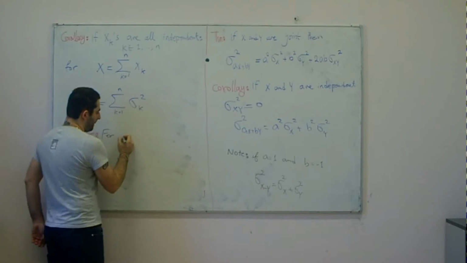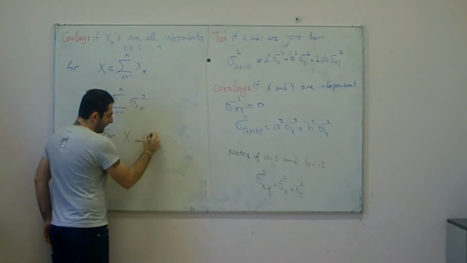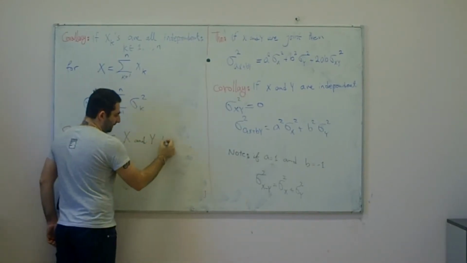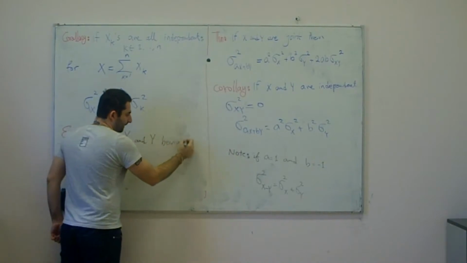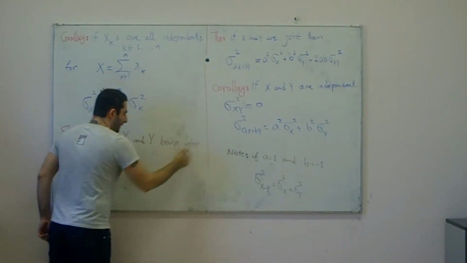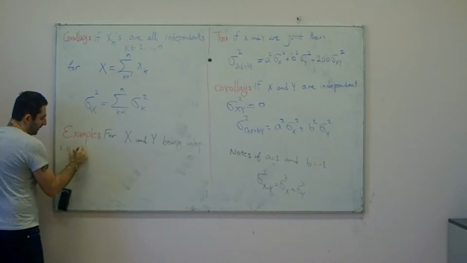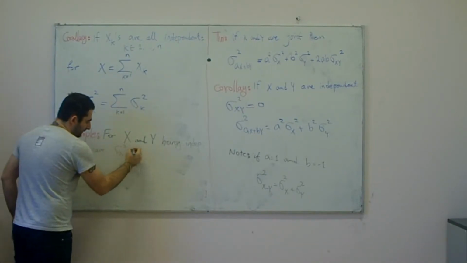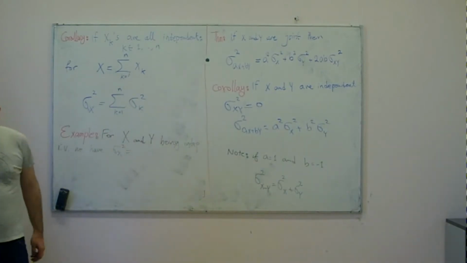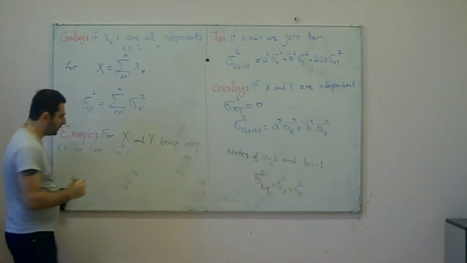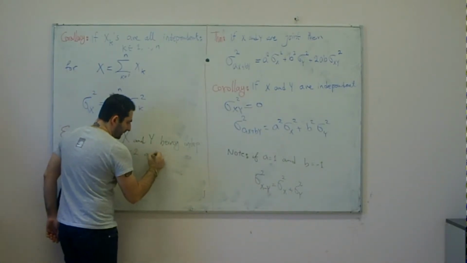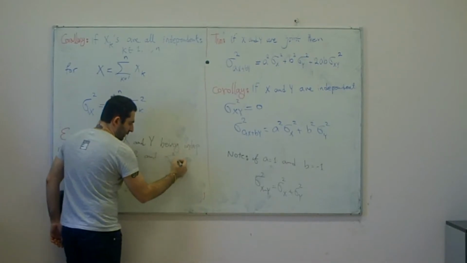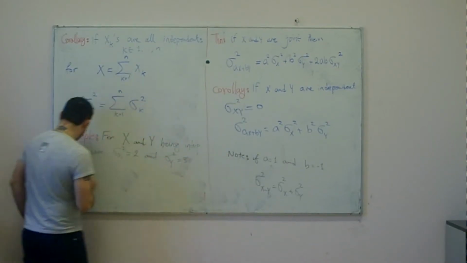For x and y being independent random variables, we have sigma square x to be 2 and sigma square y to be 3.